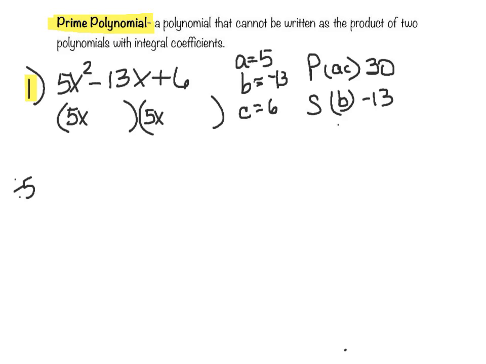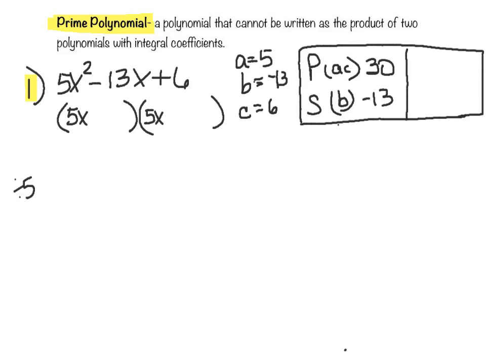So you can use the guess and test method. I know my integers are negative 10 and negative 3. When I multiply them, I get positive 30, and when I add them, I get negative 13. So I get 5x minus 10 and 5x minus 3.